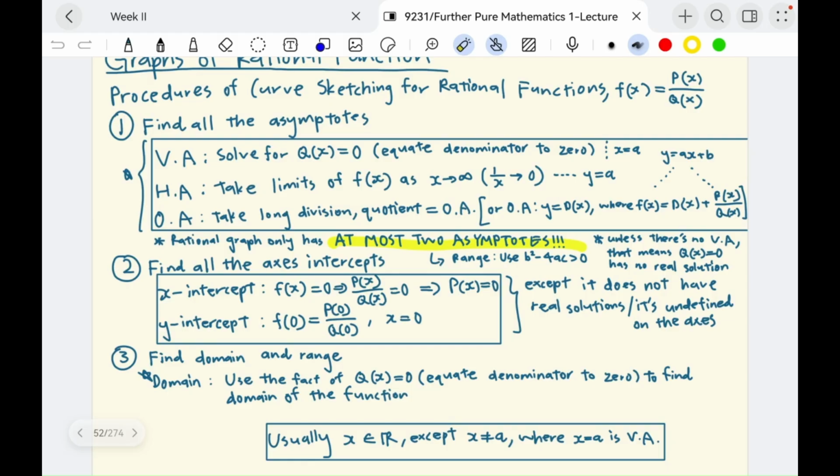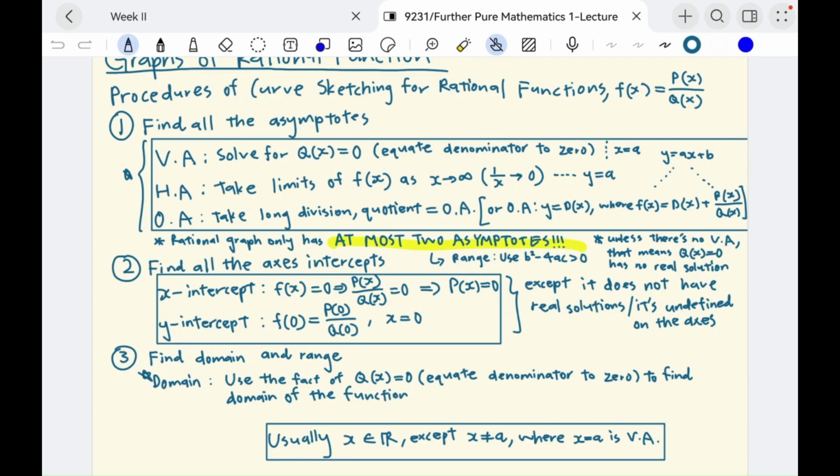So the first step is to find all the asymptotes. And remember, in the 9231 syllabus FP1, a rational graph only has at most 2 asymptotes. So no worries about it. Meaning that for the range you must use b square minus 4ac is greater or equal to 0.